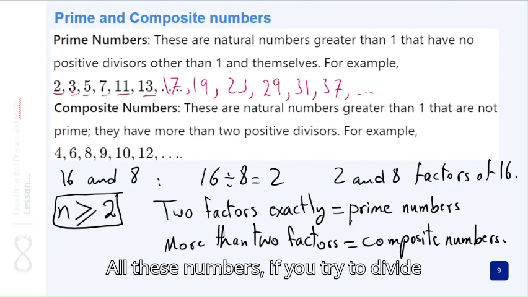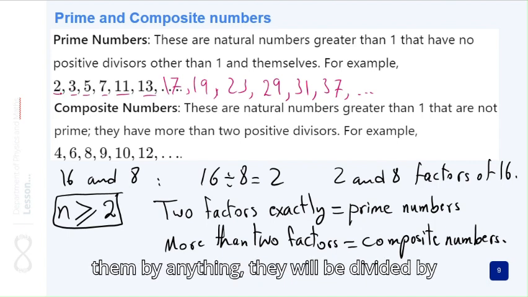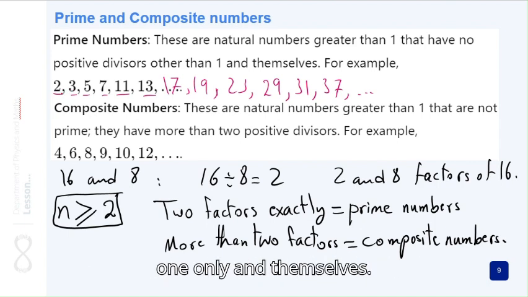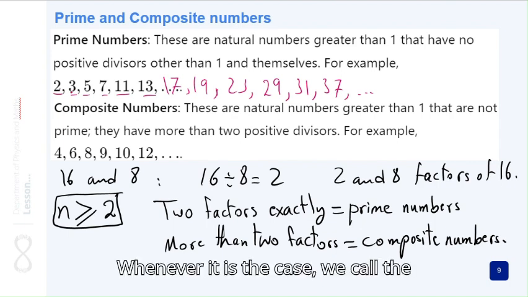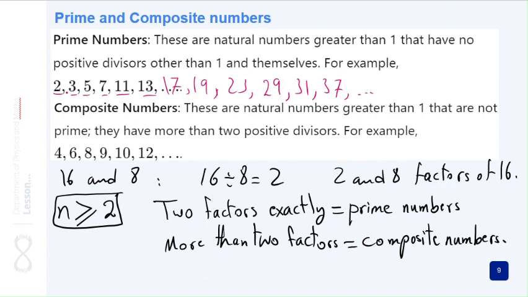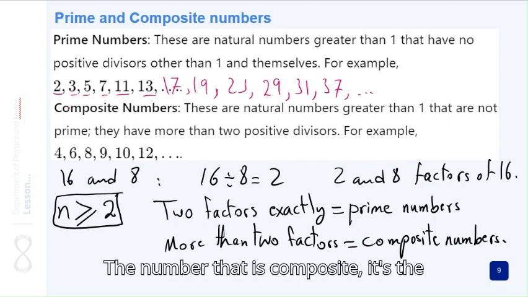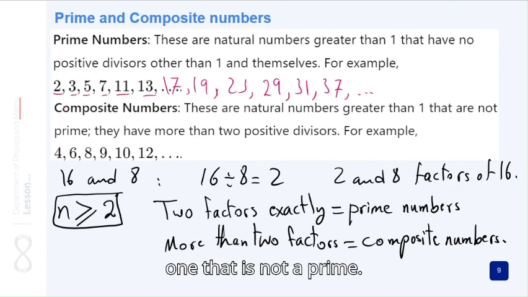All these numbers, if you try to divide them by anything, they will be divided by 1 only and themselves. So each of these numbers has 2 factors exactly. Whenever it is the case, we call the number a prime number. The number that is composite is the one that is not a prime.